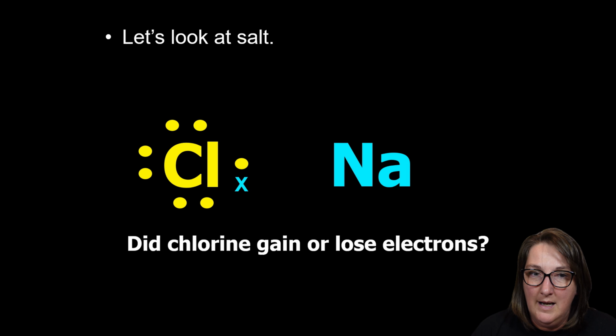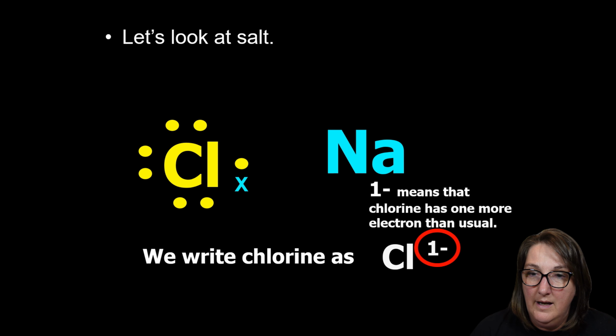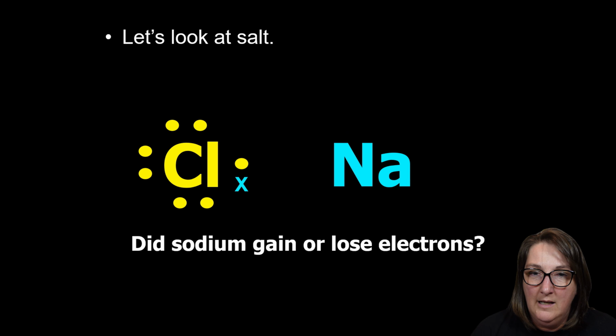And now we write it out. So first I'm going to write out my oxidation numbers. Did chlorine gain or lose electrons? Chlorine gained. So for me to do that, I'm going to have to write a 1 minus, or Cl minus. That means that it has 1 more electron than normal. I look at sodium.